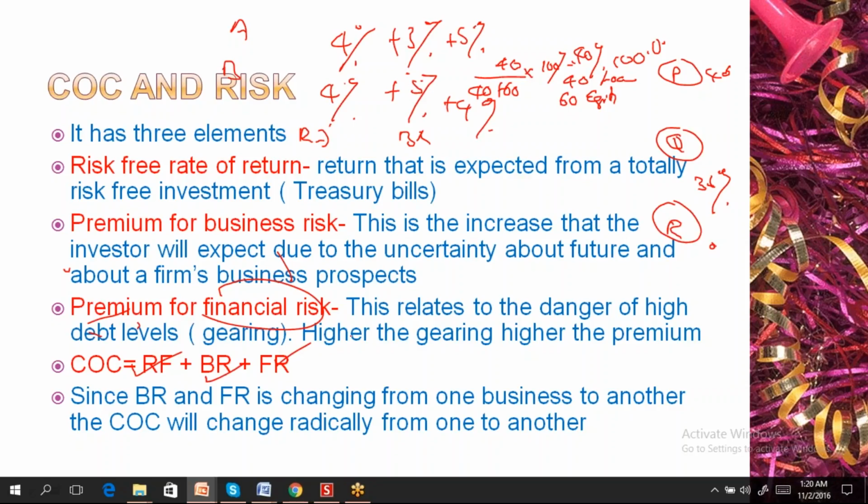In a country where the risk-free rate is higher, the cost of capital will be high. In a business where the business risk is higher, the cost of capital will be high. In a company where the gearing is higher, the cost of capital will be high. So the cost of capital is made up of three elements.